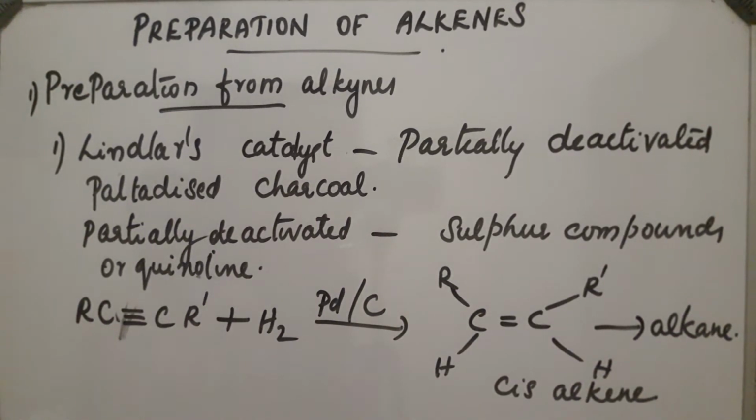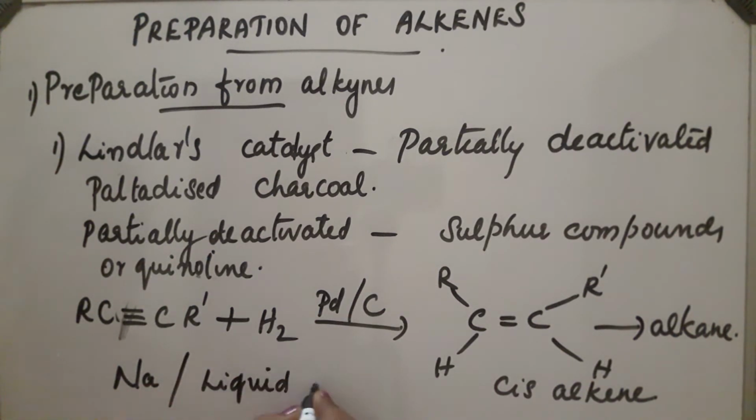Now, the other isomer, the trans alkene, will be obtained if we use sodium metal and liquid ammonia as the reagent.